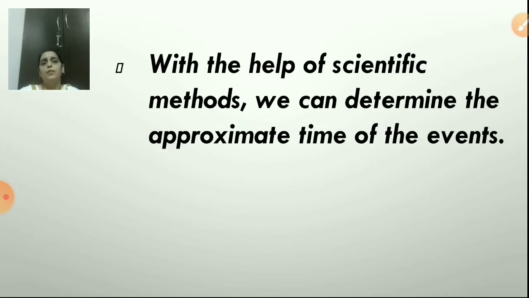With the help of scientific methods, we can determine the approximate time of an event. With broken man-made artifacts and fallen structures, we can determine the time of events that took place thousands of years ago.